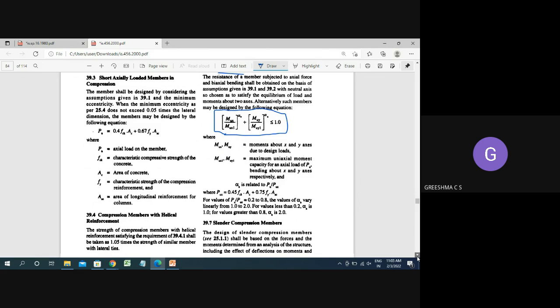Alpha n depends on PU divided by PUZ. We find the value from the PU divided by PUZ ratio. PUZ is 0.45 FCK into AC plus 0.75 FY into AS, because we have already found PUZ from the chart. If you are not using the chart, you can use this equation.